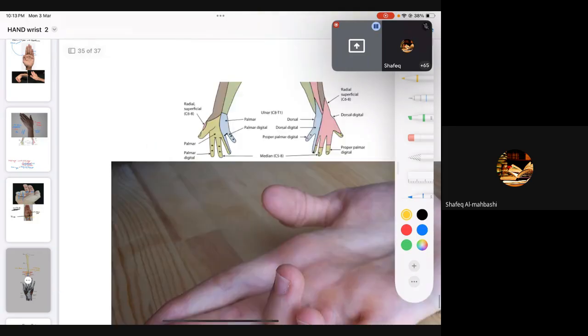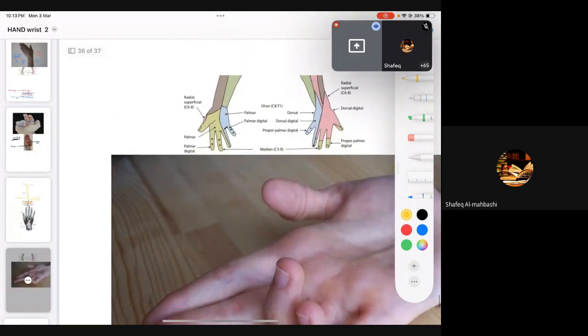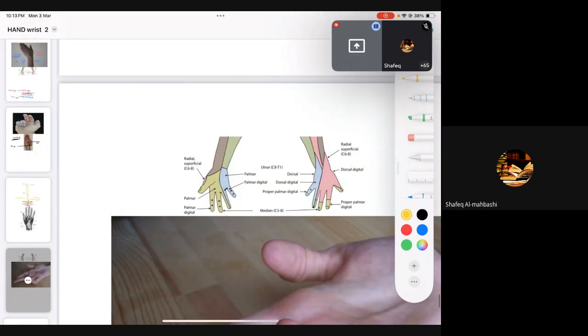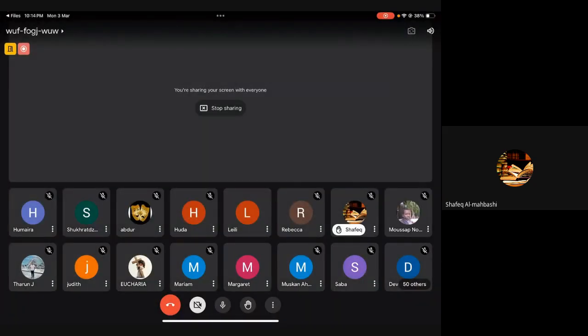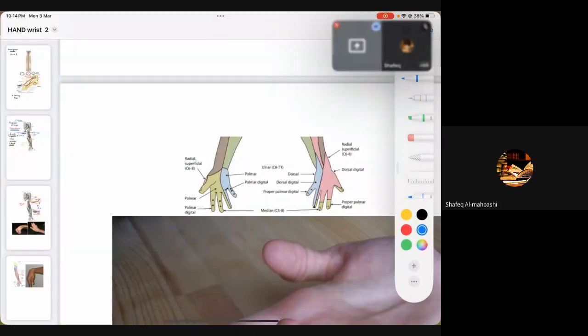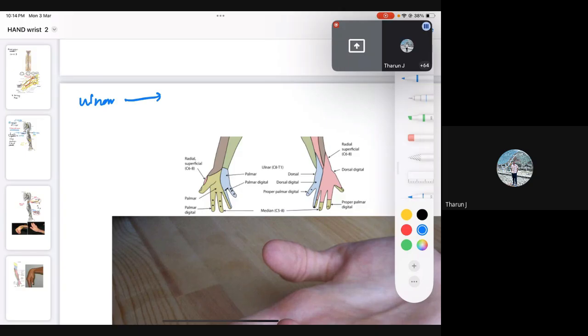Okay, so let's discuss something about your ulnar nerve as well. Anyone who is going to tell me the muscles supplied by your ulnar nerve? Dr. Tarun, can you please tell me the muscles supplied by the ulnar nerve? The hypothenar muscles. Okay. What else?